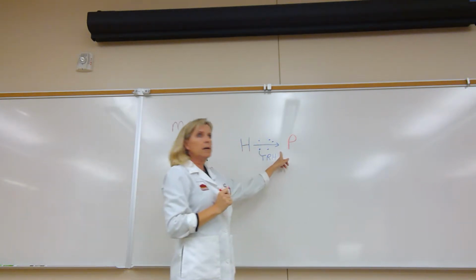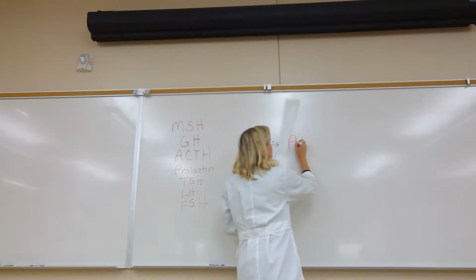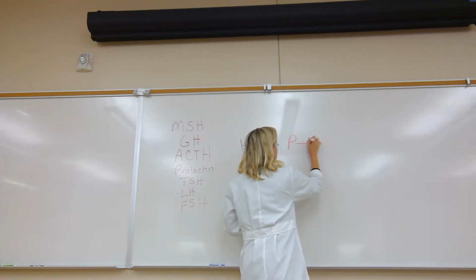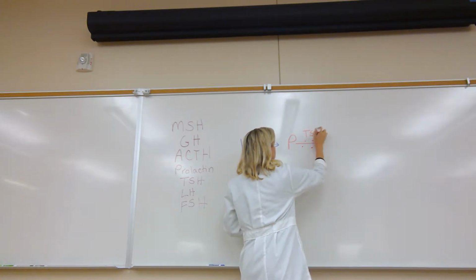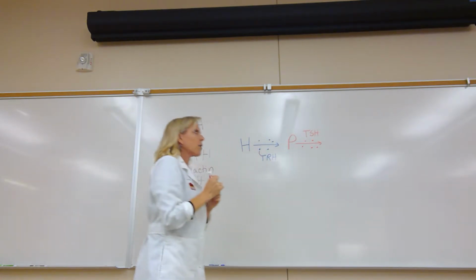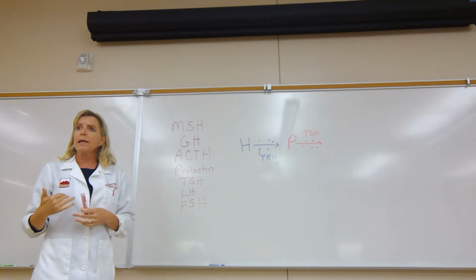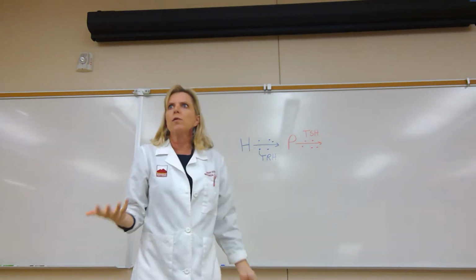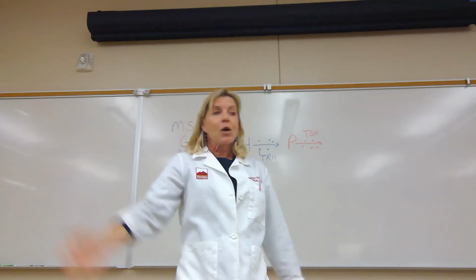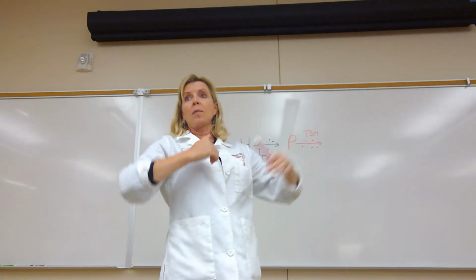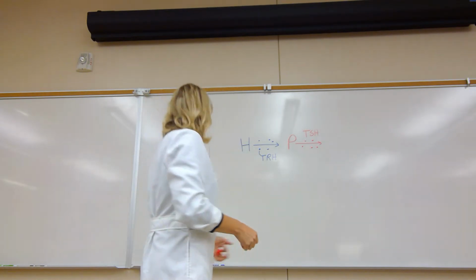When he gets my command, his job is to release TSH, thyroid stimulating hormone. Its name tells you that the hormone is going to go to the thyroid and go, hey, release your hormone. It's your turn now.